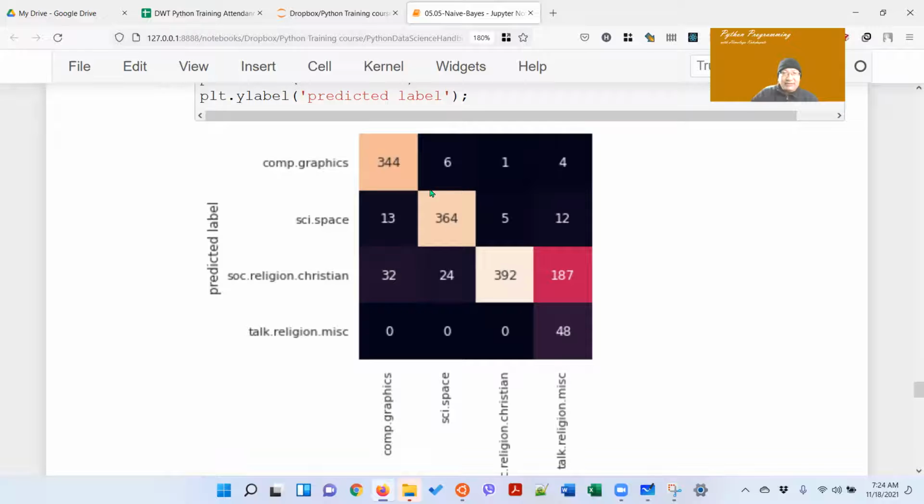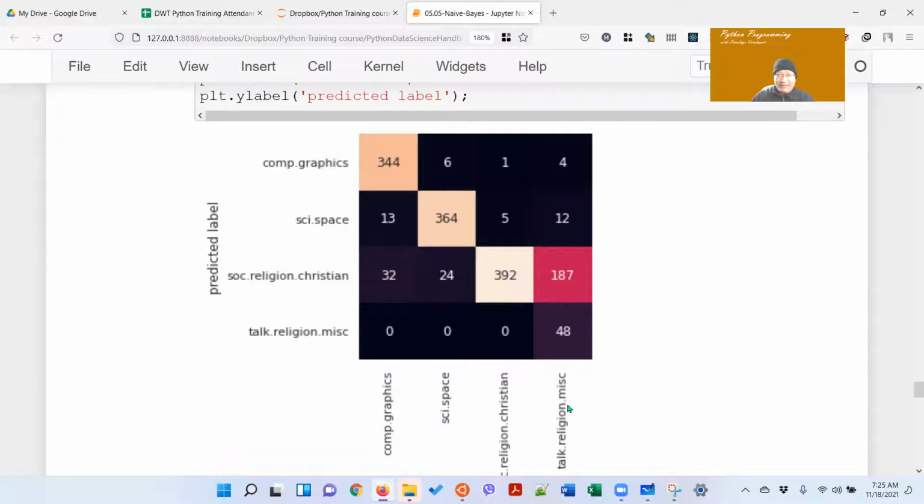The major percentage it classified correctly. Of course there is misclassification here and there, but the correct classification percentage is higher, so for this simple model it has done a good job overall.